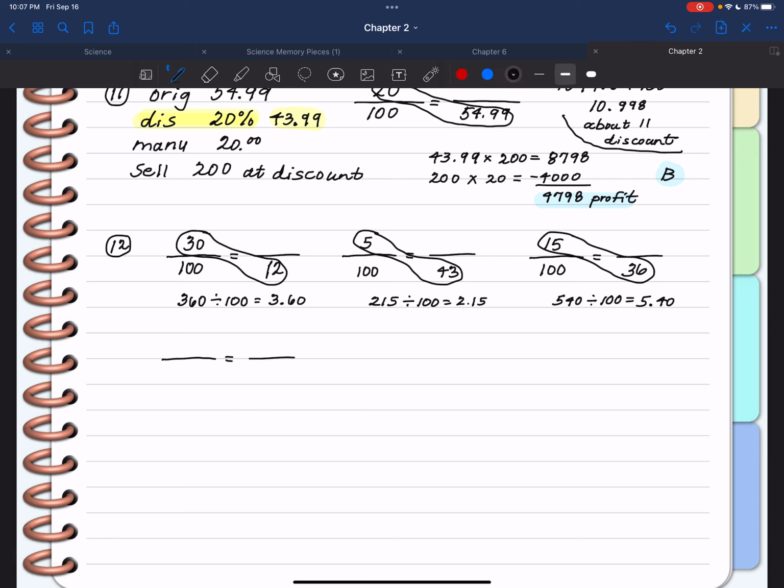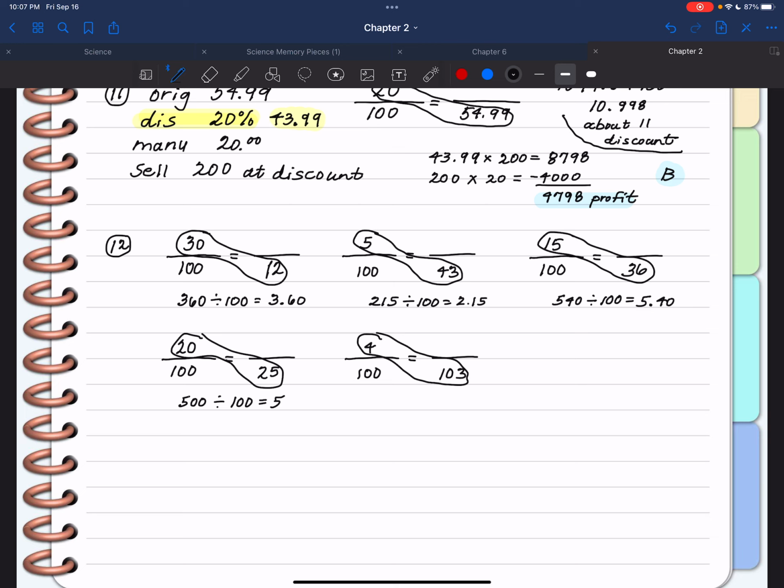Original price is $25, and you save 20%. $5. And then finally, the last option, we have an original price of $103, and you save 4%.